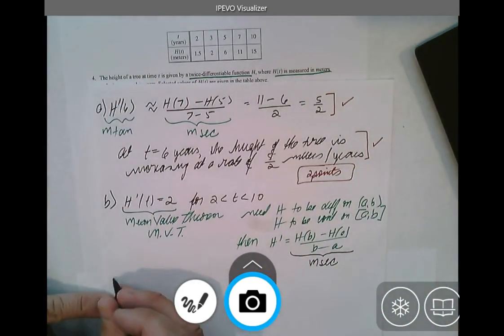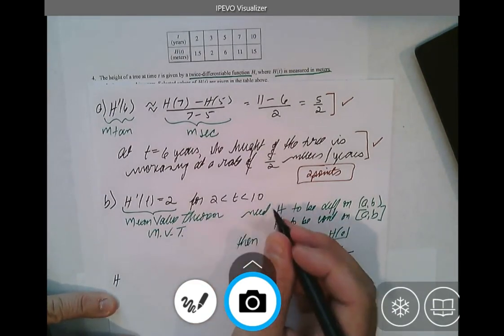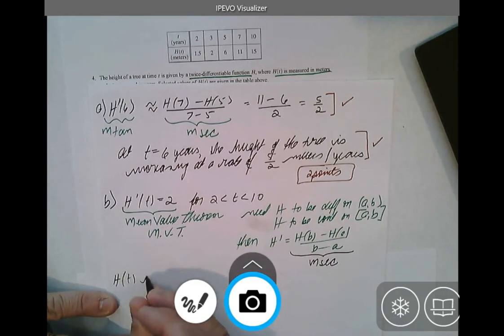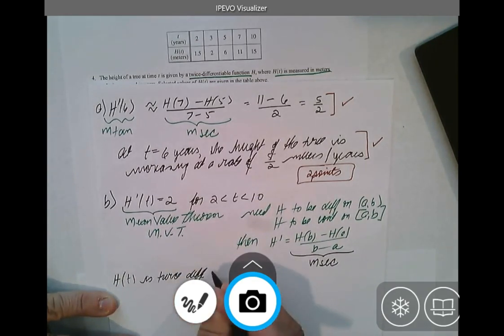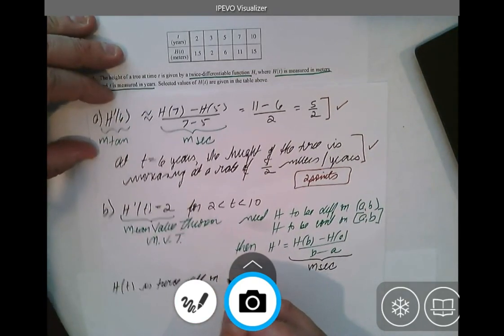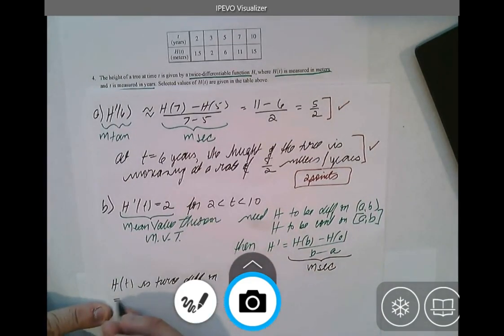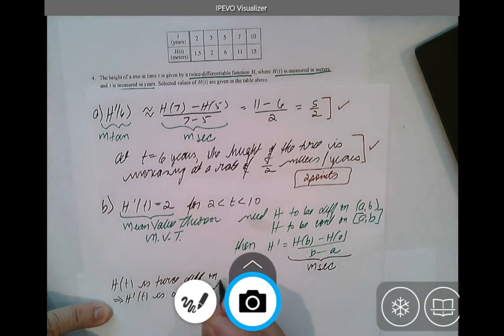Now, normally where I would start, because they said on the time interval 2 to 10, I would say something like h is twice differentiable on the interval. H is twice differentiable, which means that h prime is differentiable and continuous.